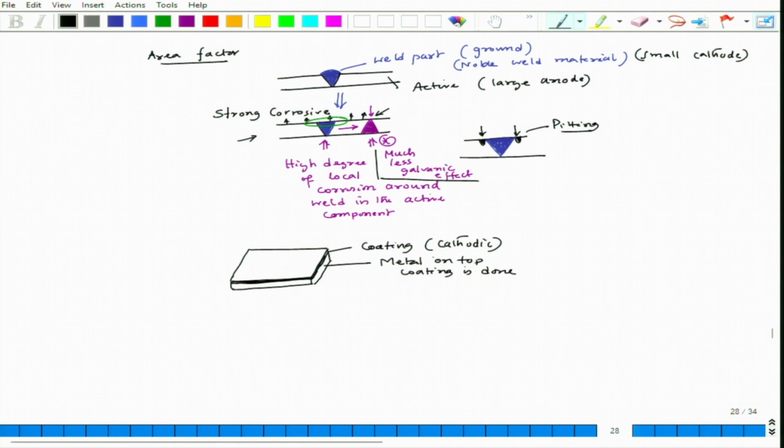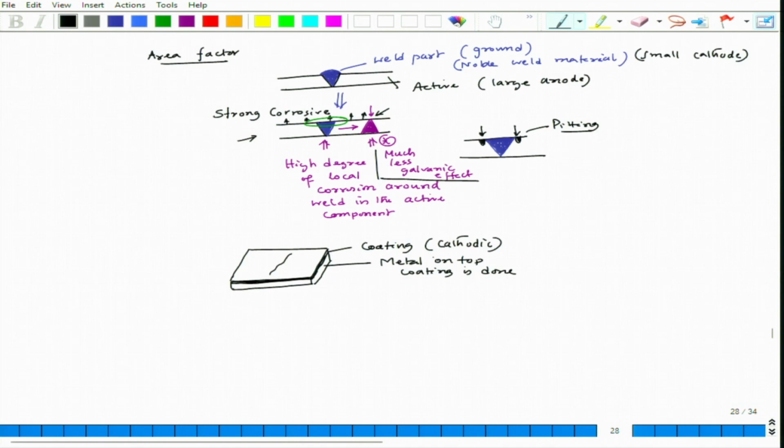So now if that coating is intact, there is no scratch, that means there is no exposure of the underlying metal, then there is no issue. But if by chance there is a scratch on top of that coating, and if the metal underneath is exposed to the corrosive, then there will be severe galvanic corrosion around that scratched area. And in fact, that scratched area will be protected, but around that particular scratch area will have a lot of corrosion.